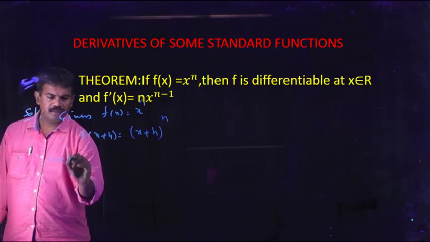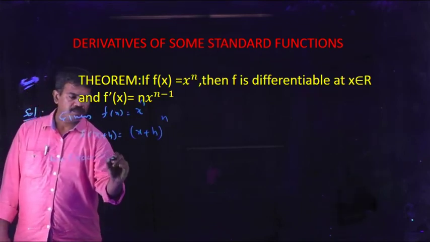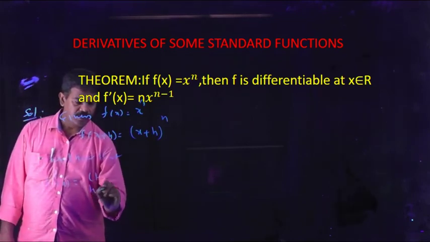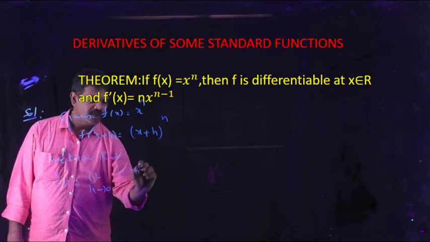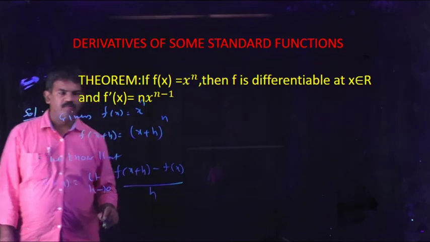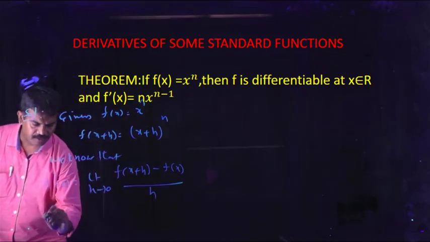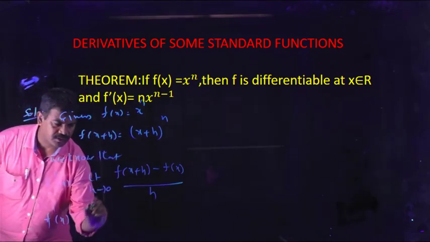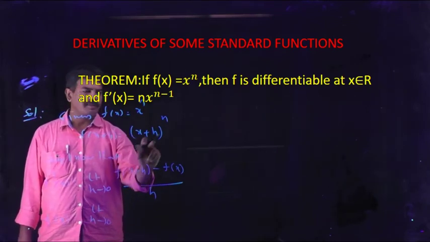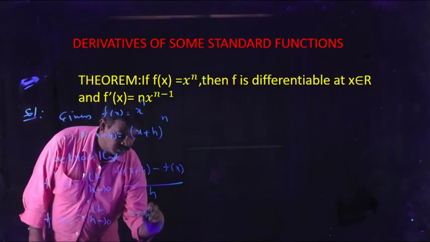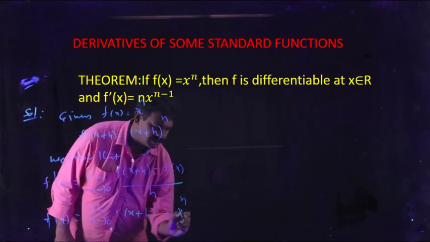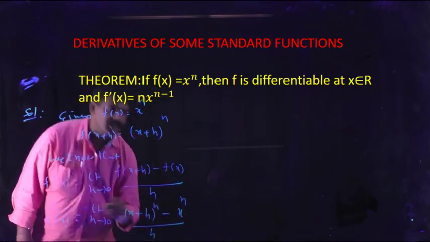We know that f dash x is equal to limit h tends to 0, f of x plus h minus f of x by h. Applying the values in the formula, f dash x is equal to limit h tends to 0, f of x plus h means x plus h whole power n minus f of x means x power n by h.